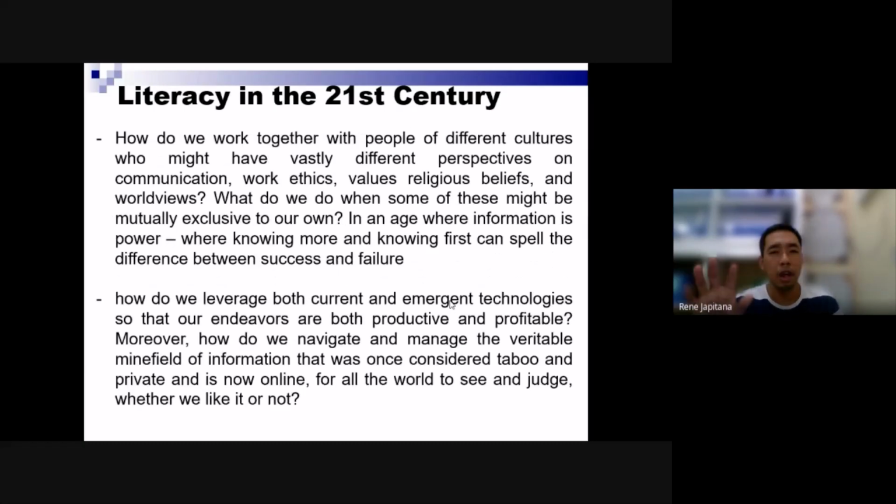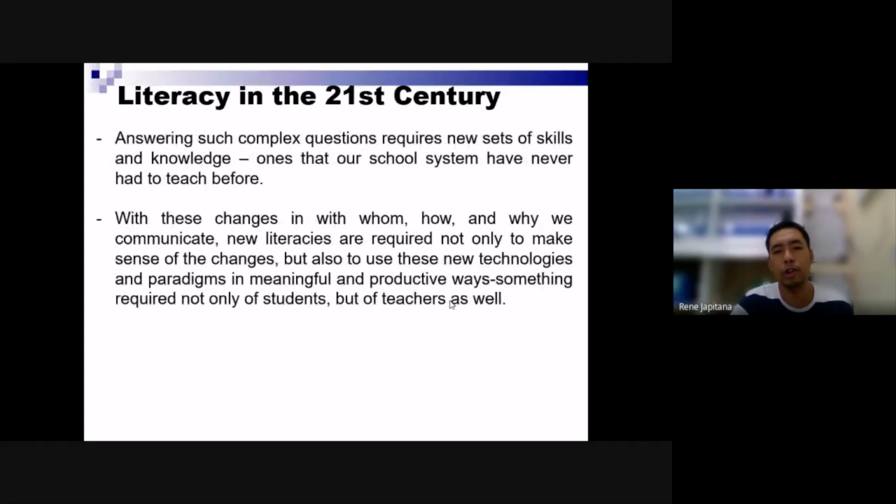Imagine, these 21st century skills, the media information literacy, the social literacy, and other 21st century literacies were not taught to us in the past. So you are very lucky because you are being taught how the 21st century operates. The 21st century literacy will be given to you as a student and as a future teacher.